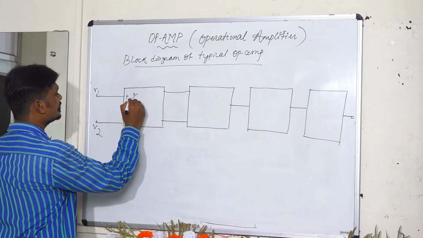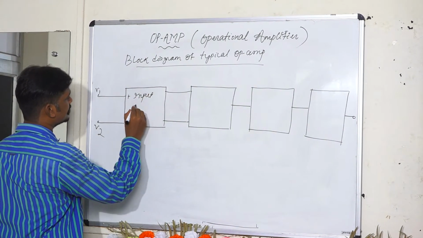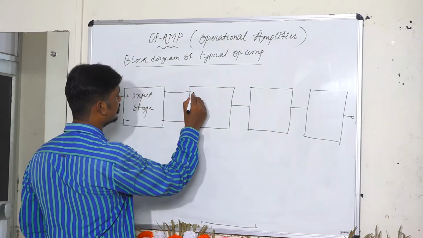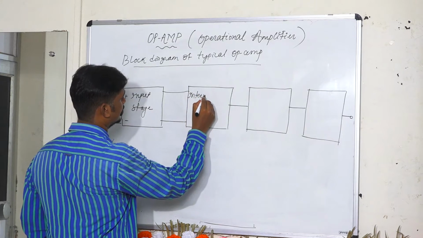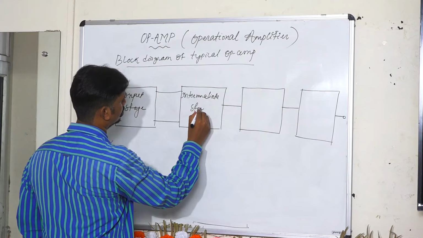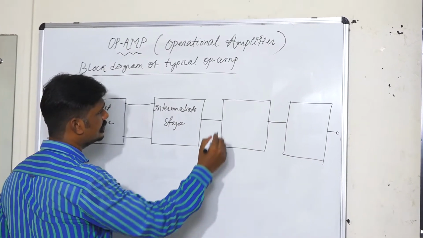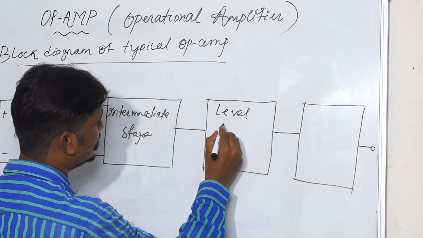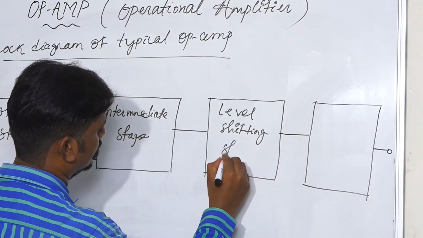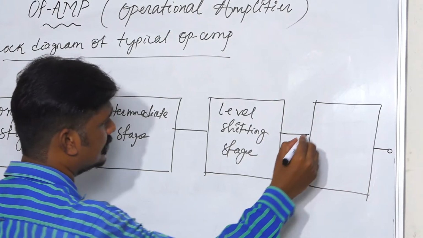So the first stage is the input stage. The second one is the intermediate stage. The third one is the level shifting stage. And the last one is the output stage.